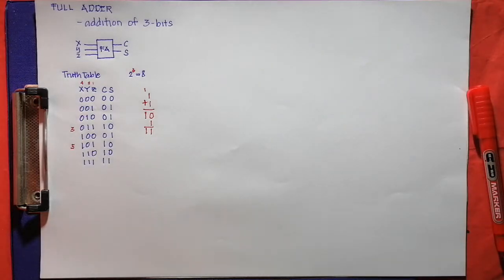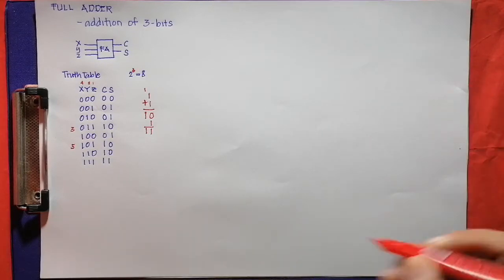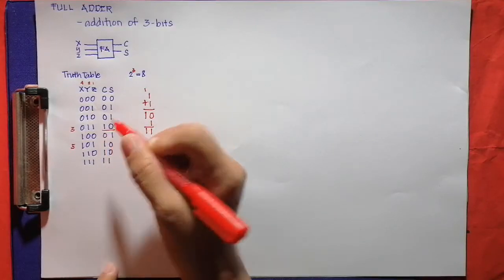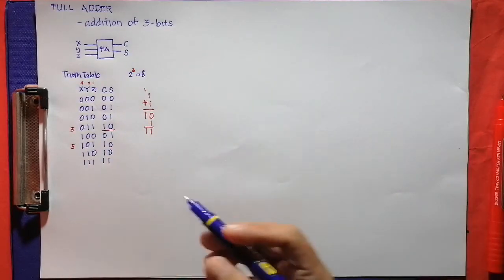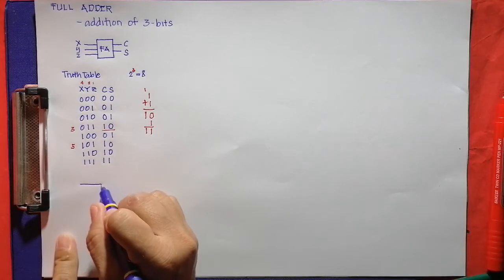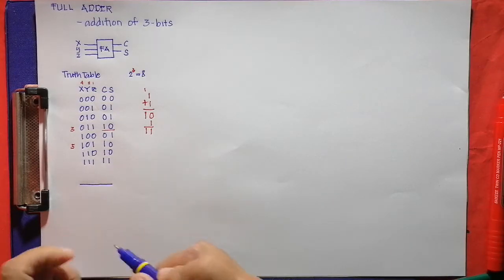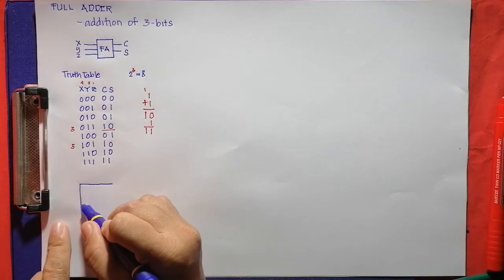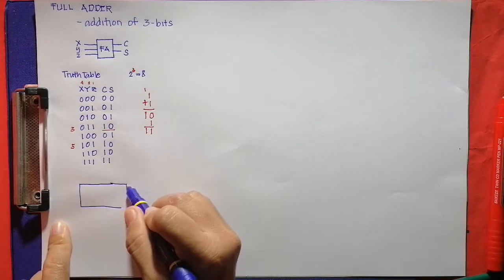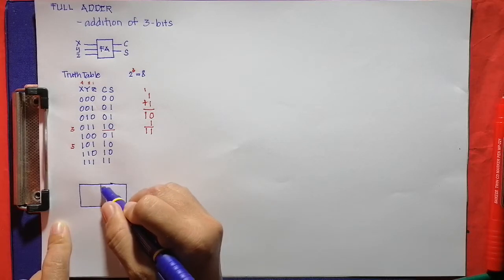Then next, to design, we have to get first the minterm using the Karnaugh map. So we divide this into groups of 4. 1, 2, 3, 4. So I'll write a dividing line. So again, we're going to have a K-map with 8 boxes.